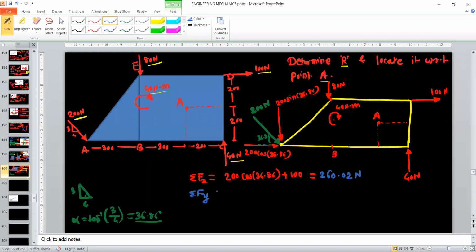Then summation Fy is equal to the y component for 200, which is in the negative direction. So it is minus 200 sine 36.86. Next is plus 40, and this is minus 80. Get this answer.